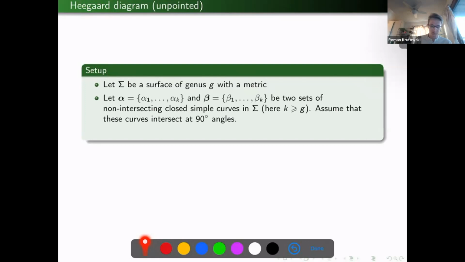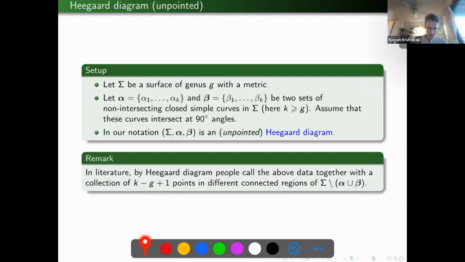And then there is a collection of simple closed curves alphas and another such collection betas. Each collection's curves do not intersect each other, but we assume that curves from different collections intersect at 90-degree angles. We denote this data as a Heegaard diagram.